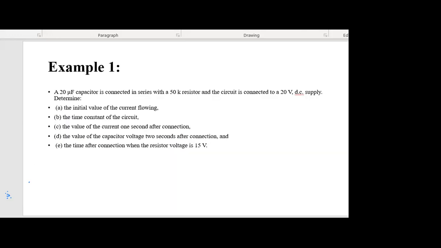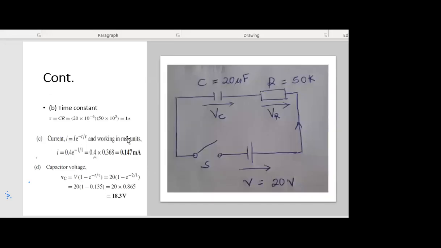Then the other question is the value of the current 1 second after connection. So meaning we have time. We need to find the current.